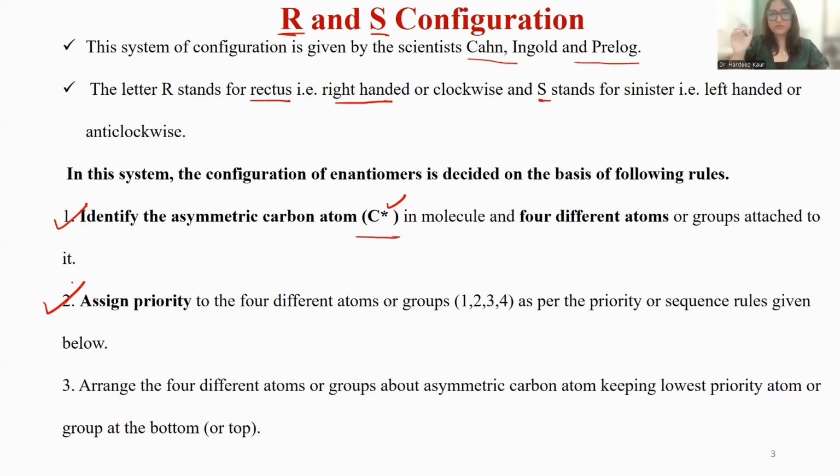These four different groups have priority according to their atomic number, which I'll let you know. After that, you have to arrange all four different groups, keeping the lowest priority group at the top or bottom.